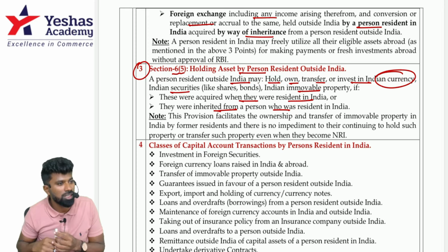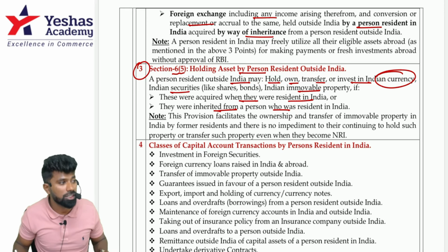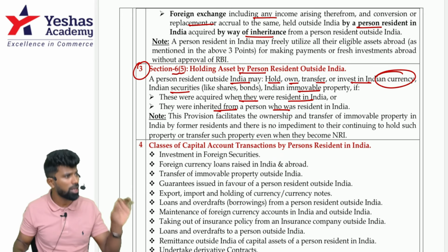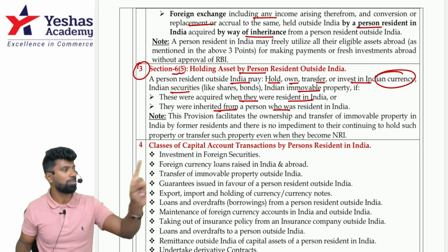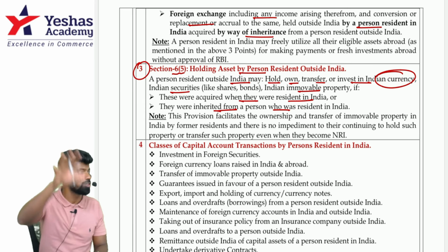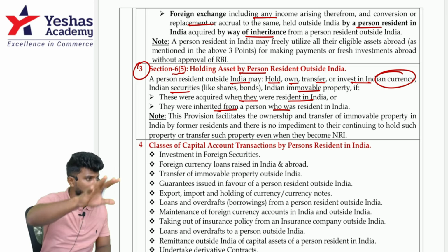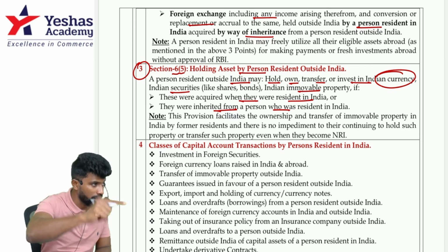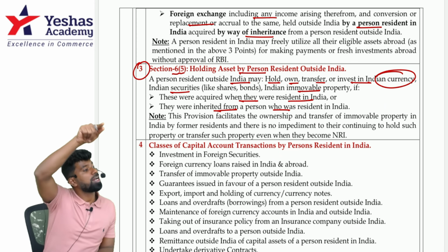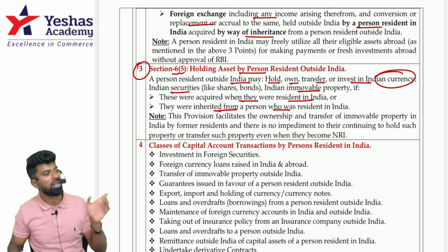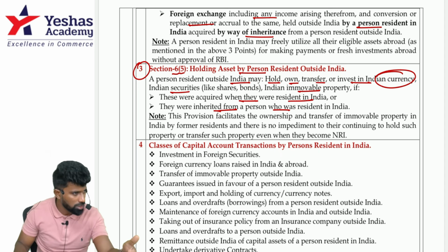That is called what transaction? Capital account transaction. Generally, capital account transactions are prohibited unless permitted. Section number 6, subsection 5 provides that a person resident in India can own, transfer, or hold any assets outside India or foreign security or foreign currency outside India when he was what? Resident outside India, or if he got them inherited from what? A person resident outside India. Are we clear with this, everybody?